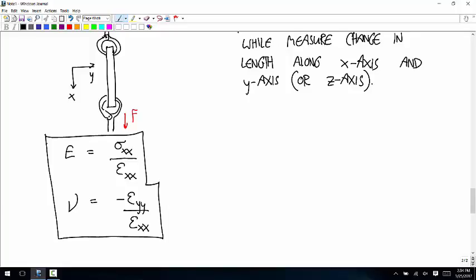The negative is just so that this is always going to be a positive number. Because if you stretch it, this is going to be positive. This is going to contract, so it's going to be negative, so that negative there switches it.